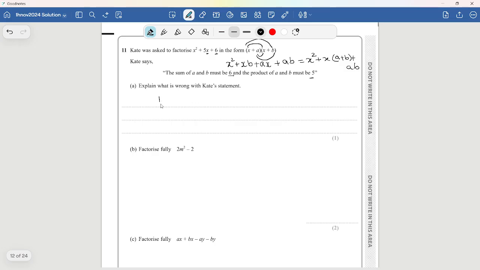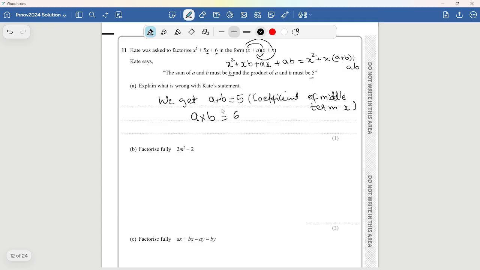Well, we add a plus b to get 5, the coefficient of the middle term, that is x, and a times b, the product of a and b, is the constant term, which is 6.